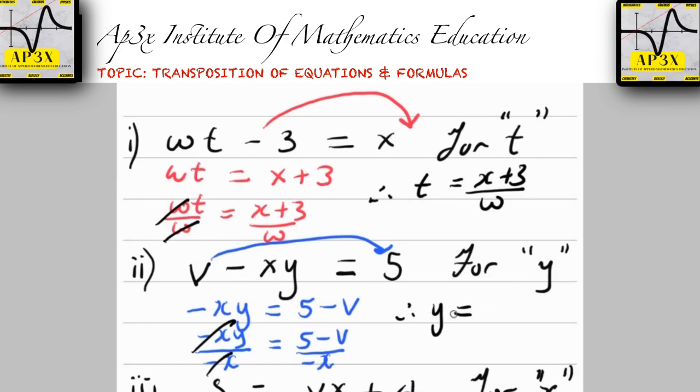So Y is equal to V take away 5 divided by X.